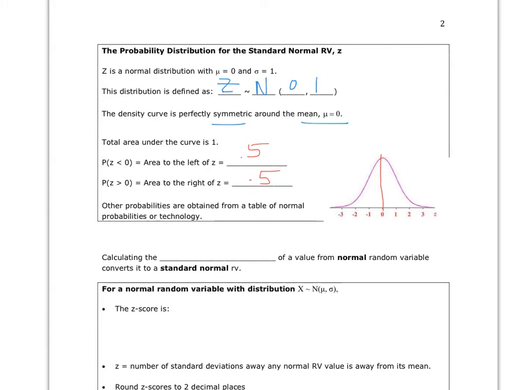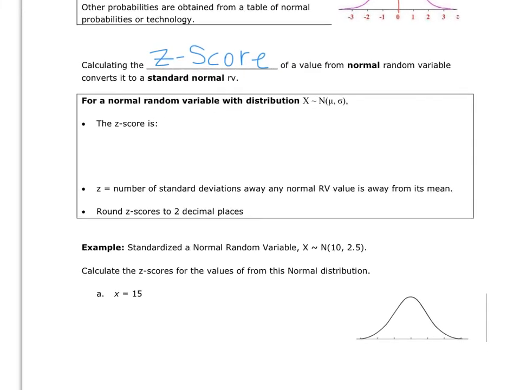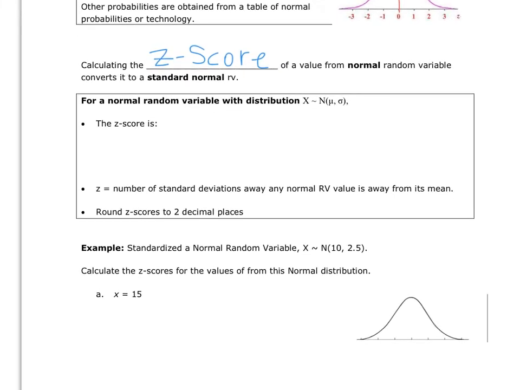All right, if we calculate the z-score, going back a chapter or two, of a value from a normal random variable, it converts it to a standard normal random variable. So just as a reminder, to calculate a z-score, we take whatever value we have, we subtract the mean.